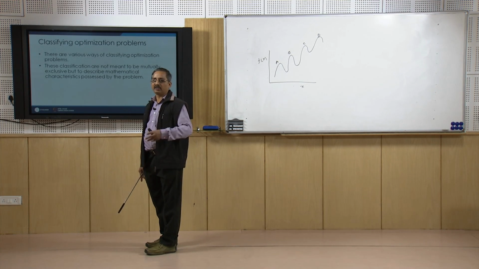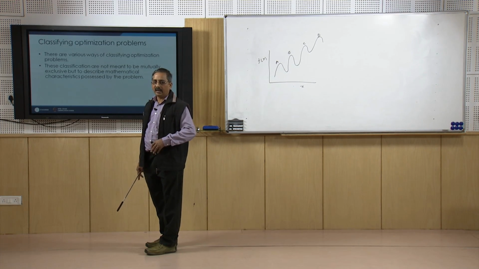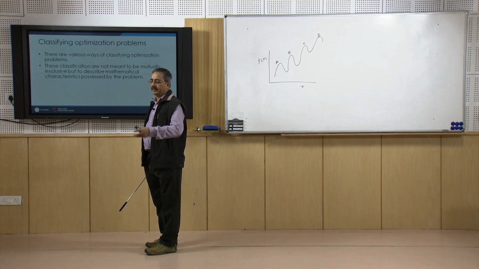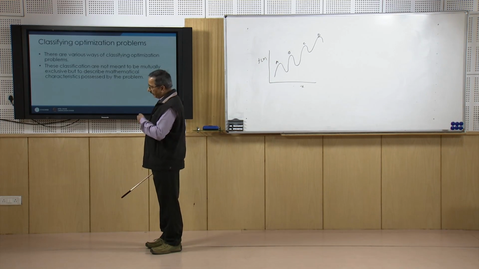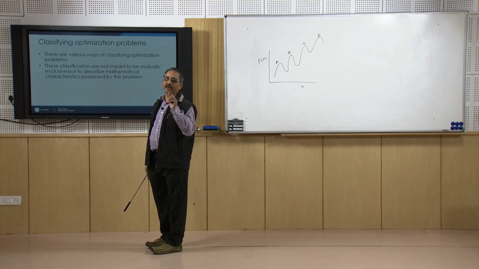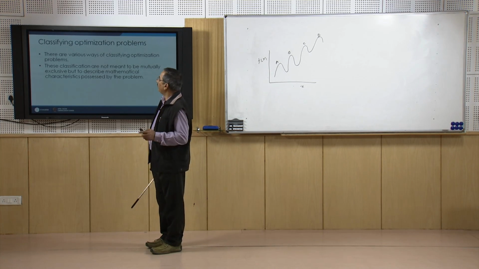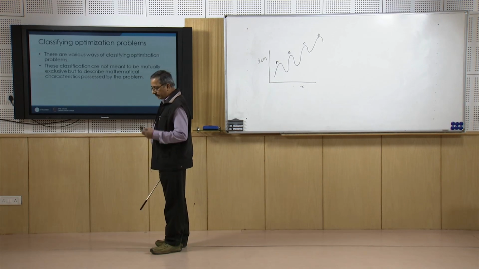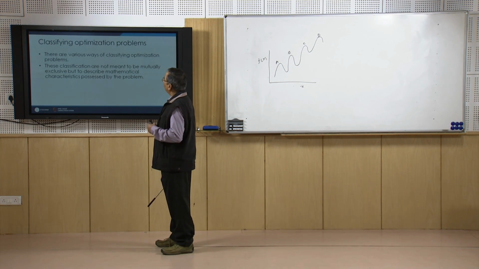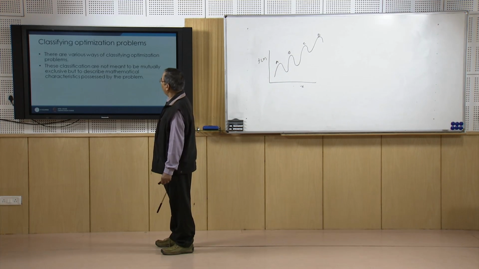Again, constraints are of three types: the side constraints, inequality constraints and equality constraints. So, after defining the optimization problem, now let us see the classification of the optimization problem.